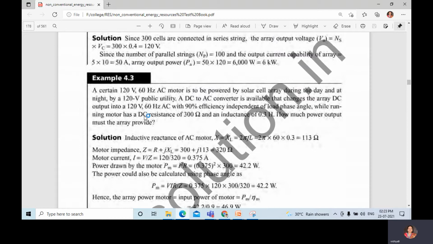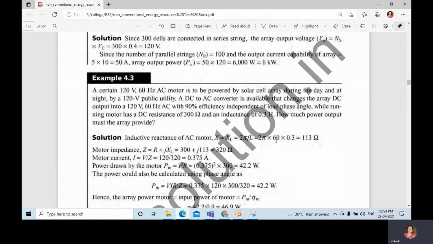The running motor has a DC resistance of 300 ohm and an inductance of 0.3 henry. How much power output must the array provide?